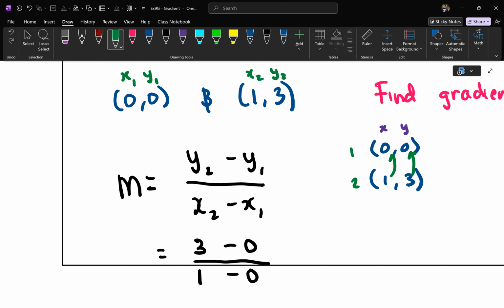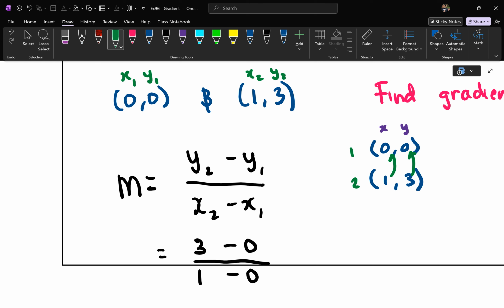So they call this the x coordinate of the second point, the y coordinate of the second point. So that's my x2, y2. It actually doesn't matter which one's x1, y1, or which one's the first or second coordinate. You can label whatever you want. According to the formula, take the y coordinate of the second one, take away the y coordinate of the first one. Take the x coordinate of the second one minus the x coordinate of the first one.